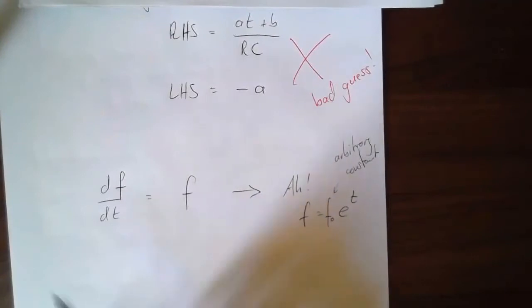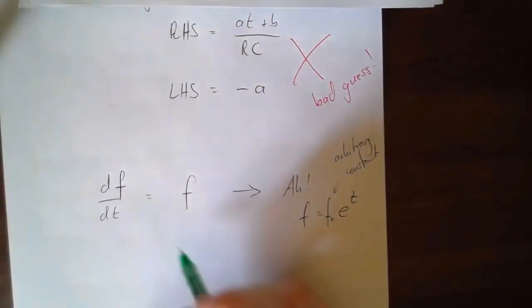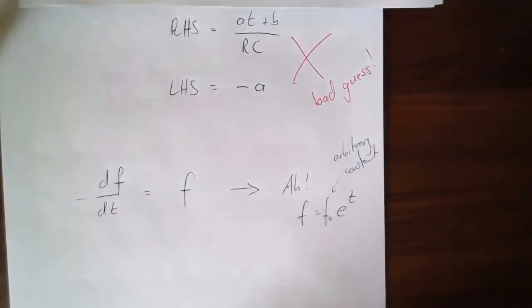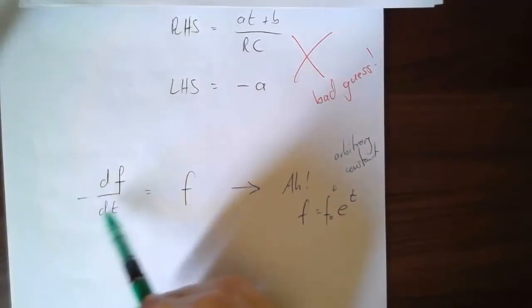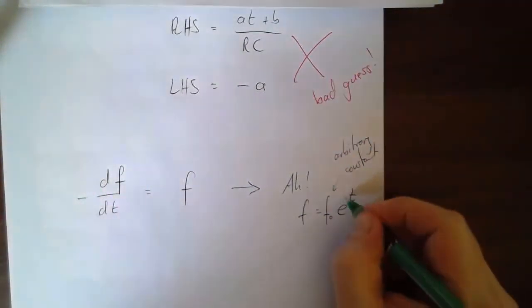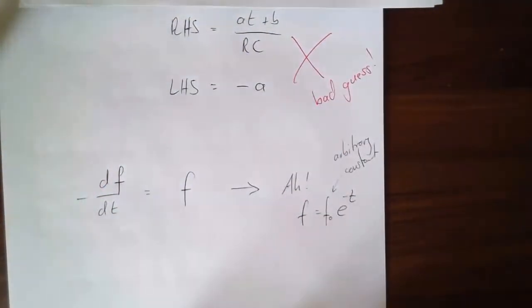But that's not our equation. If we had, and I'm just going to add this here, if we had a minus here, how would we change that? Well, to get a minus sign when we take the derivative, how about we just put the minus sign up here? Again, you can check that's going to work out. So we're using our intuition here, our experience with functions.